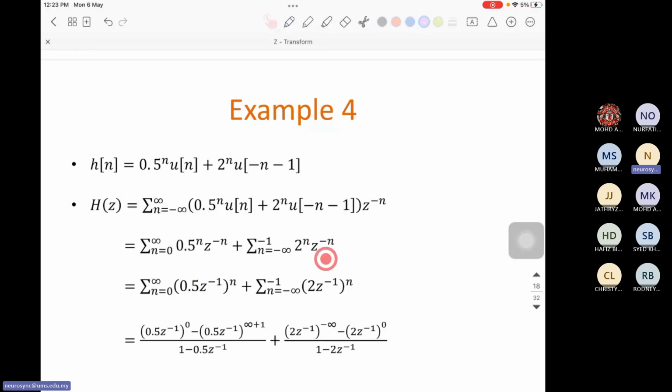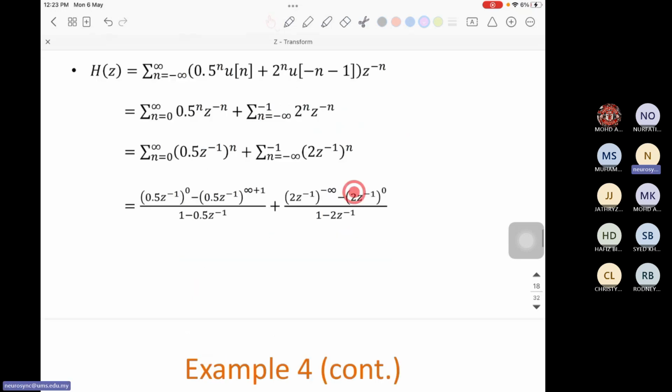This term we can write as (2 z^-1)^n. Okay, we can apply that formula. So this is equal to this to the power 0 minus this to the power infinity, plus 1 divided by 1 minus this term. Again we need to check for convergence of this.